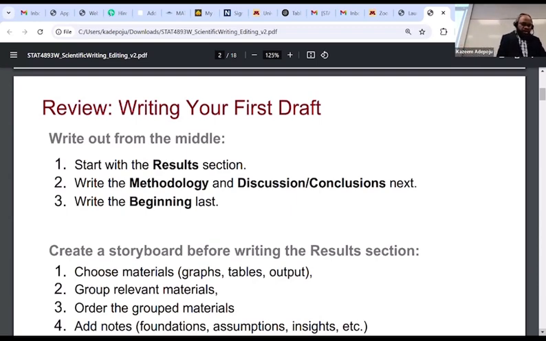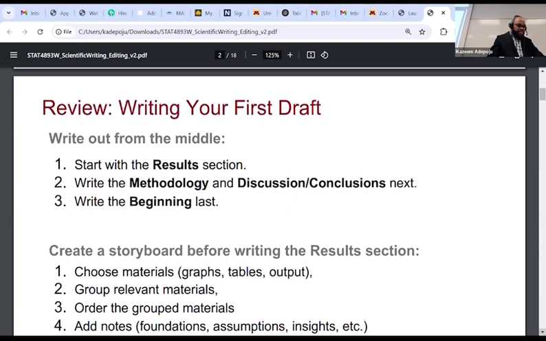So what is the benefit of that? That particular section serves as a foundation for the rest of the manuscript. It is critical, and that is the reason why we begin writing from that.